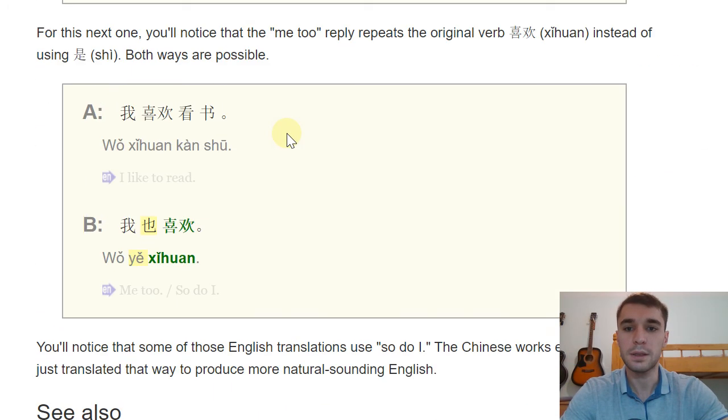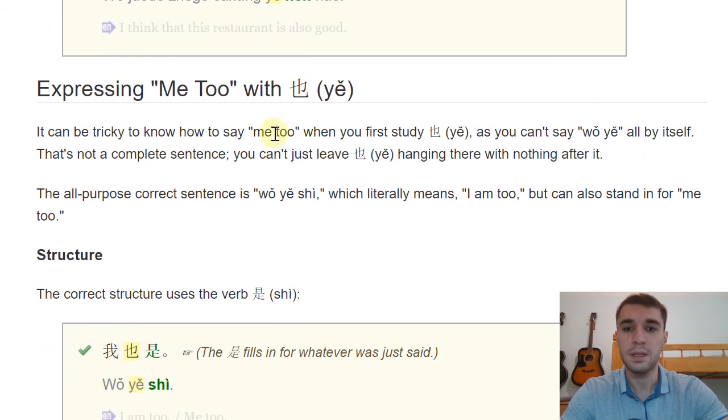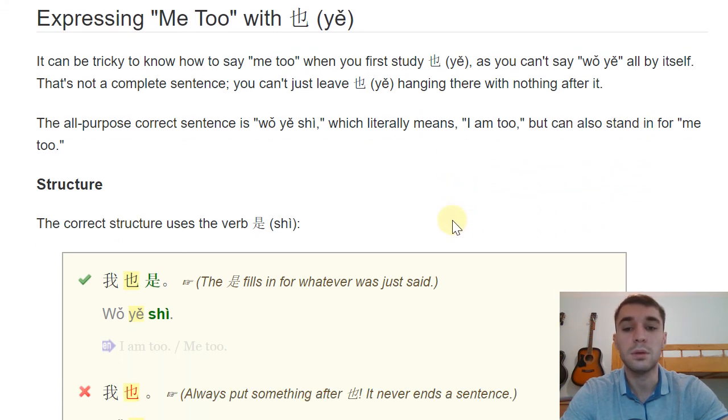Okay, let's continue. Expressing me too with 也. It can be tricky to know how to say me too when you first study 也, as you can't say 我也 all by itself. That's not a complete sentence. You can't just leave 也 hanging there with nothing after it. The all-purpose correct sentence is 我也是, which literally means I am too, but can also stand in for me too.